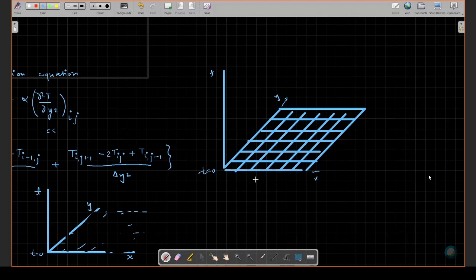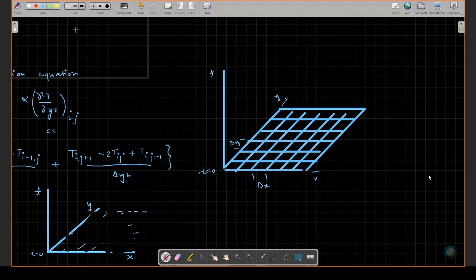Here all these are delta x and delta y, and you can consider all delta x to be the same, all delta y to be the same, and even delta x and delta y to be the same. So a uniform grid is considered here. At any other time you can have a similar configuration. At time n plus 1 you will have the same grid.